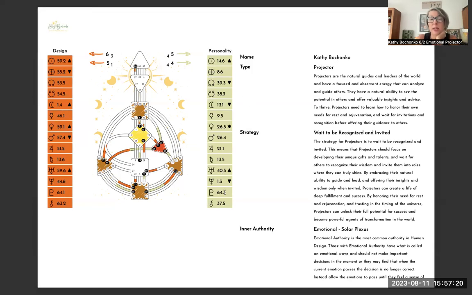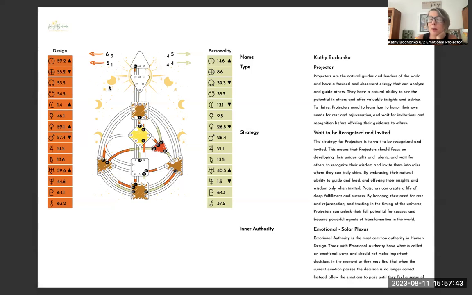So these planets here, these are all little planetary symbols. I will tell you this, the main four that you want to pay attention to, at least when you're new, would be the personality sun and earth, and the design sun and earth. If you see where my cursor is, that's what those are.